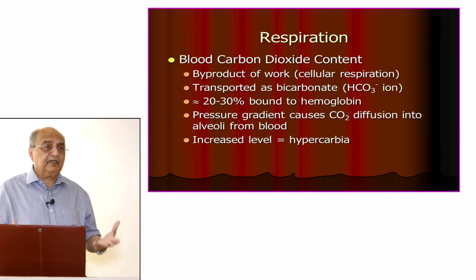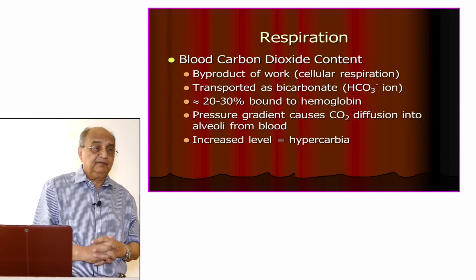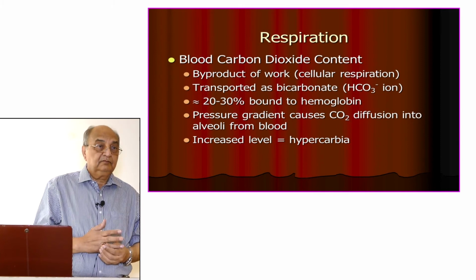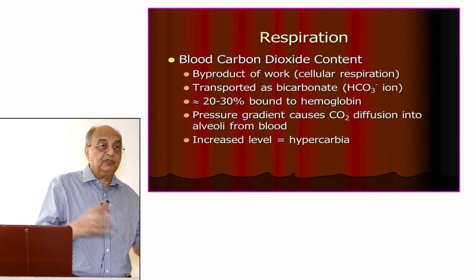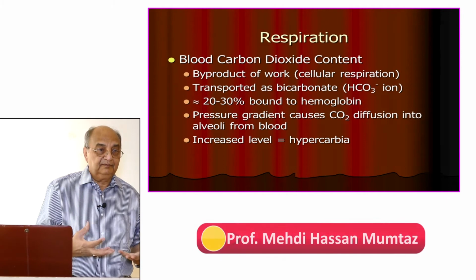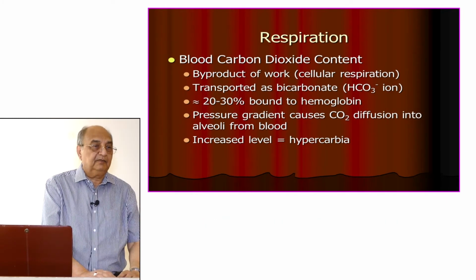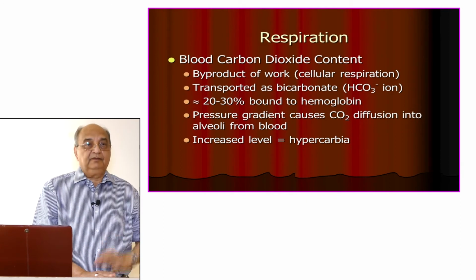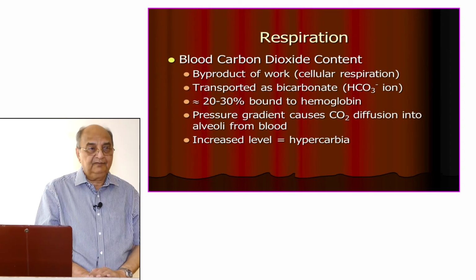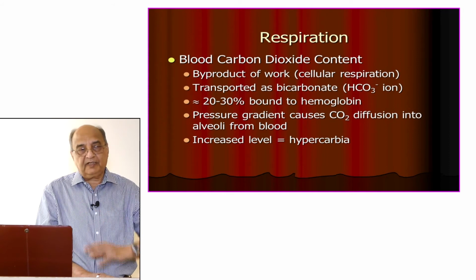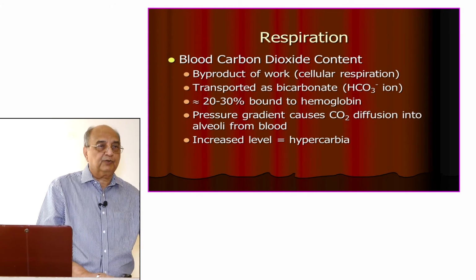How much is the carbon dioxide produced in 1 minute? Oxygen we utilize 250 ml in adult per minute. How much is carbon dioxide produced in 1 minute in case of adult? 200 ml. 200 ml is carbon dioxide produced and 250 is oxygen utilized.